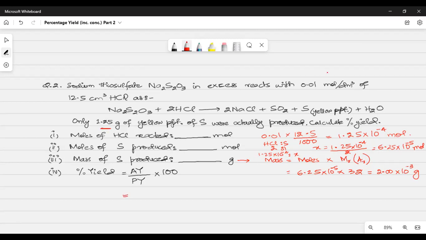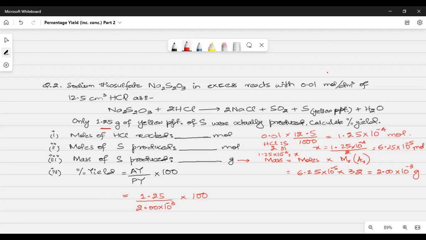This time the predicted yield is much less and our actual is much more. So this is 1.25 divided by 2.00 into 10 raised to power -3, multiplied by 100.